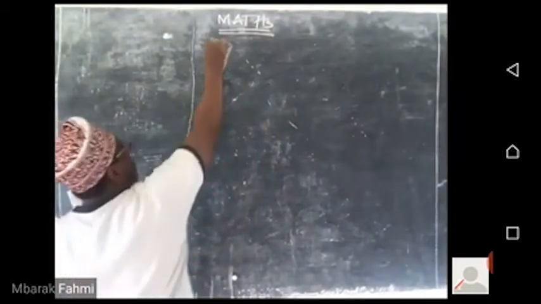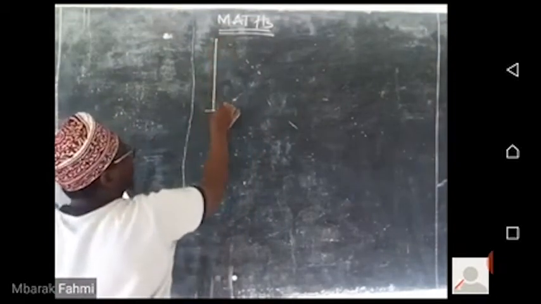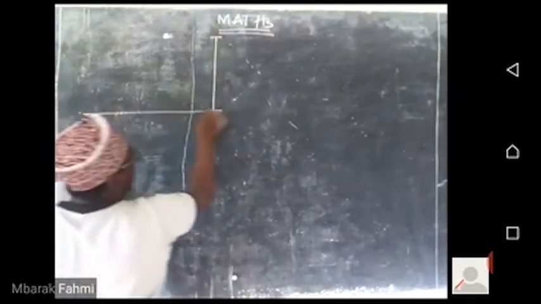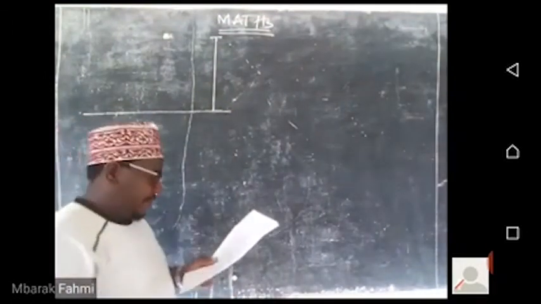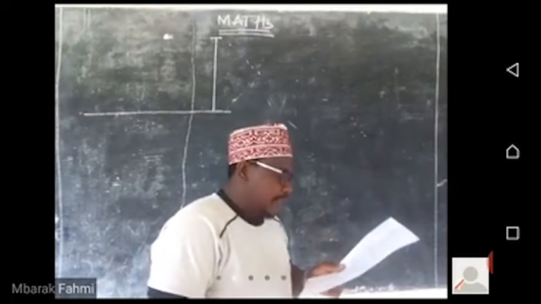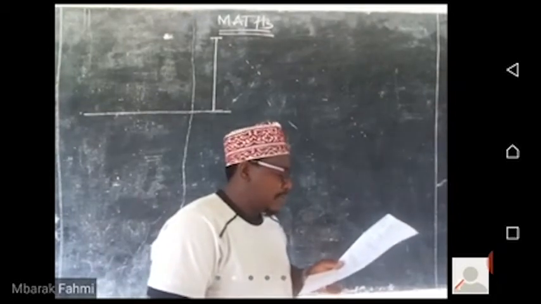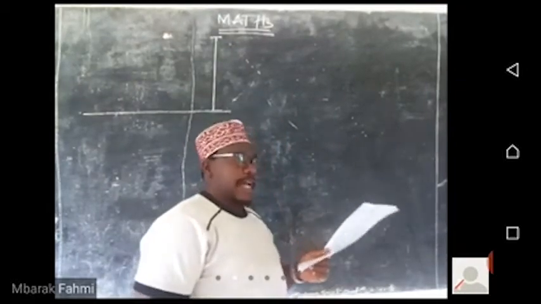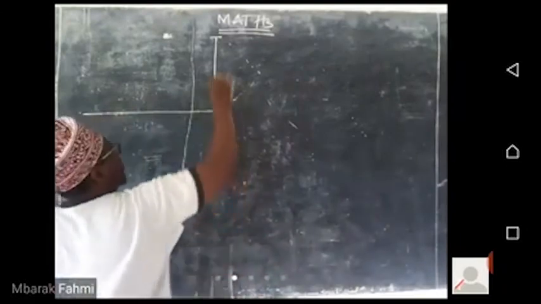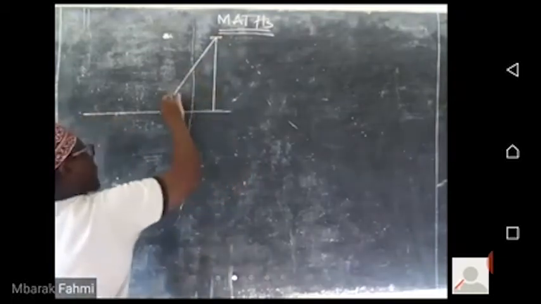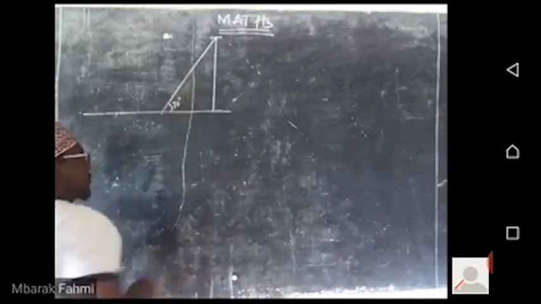Now, we have a building. That's our building, you can say. And then this is our horizontal ground, where Paul and Omondi lie. We're told they were 10 meters apart on the same side of the tall building. Since Paul is closer to the building, he sees the rooftop at an angle of 70 degrees.